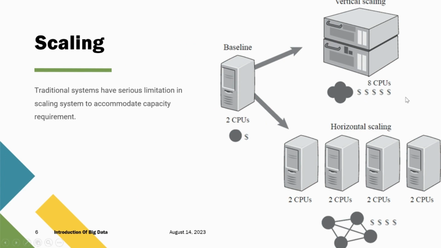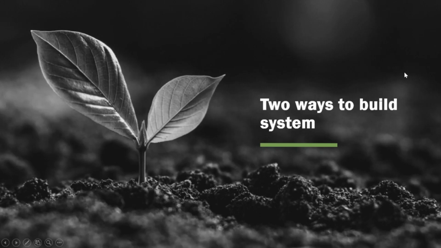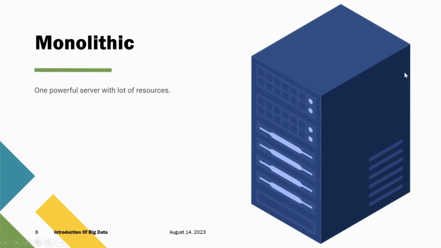Now there are two ways of building systems. One is monolithic. In monolithic, one powerful server will be there with a lot of resources, like memory, RAM, and processors. A high configuration system should be there.